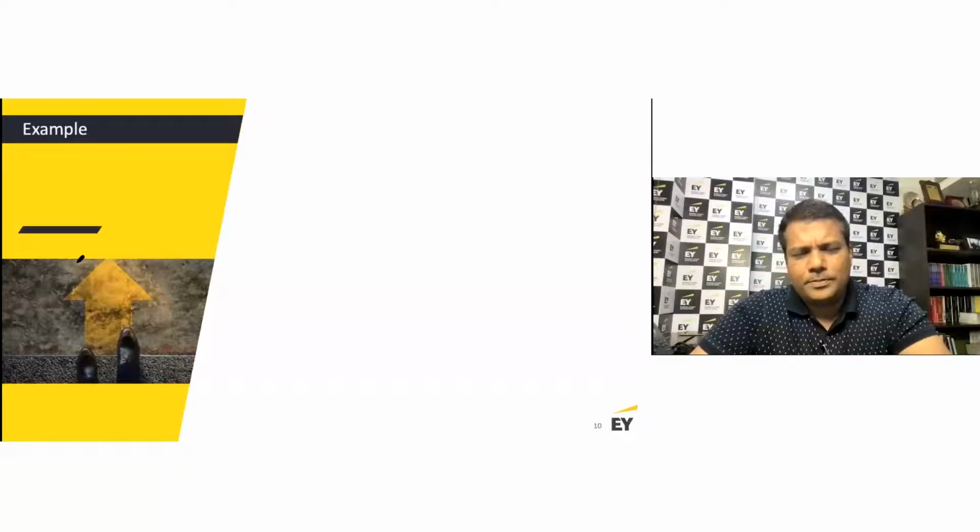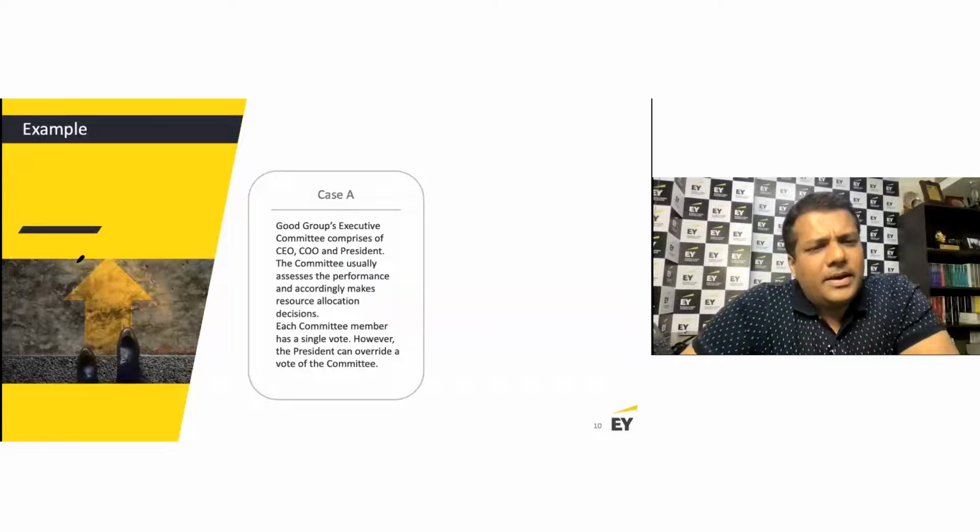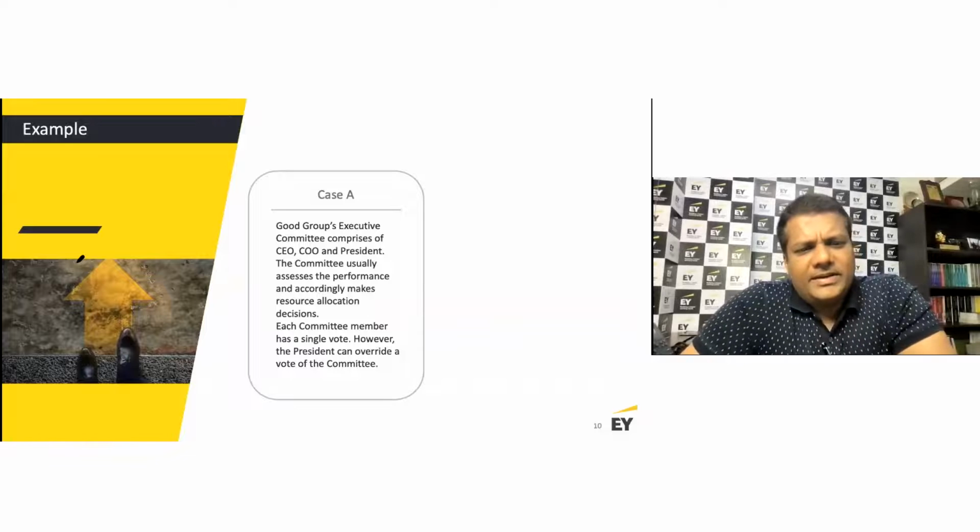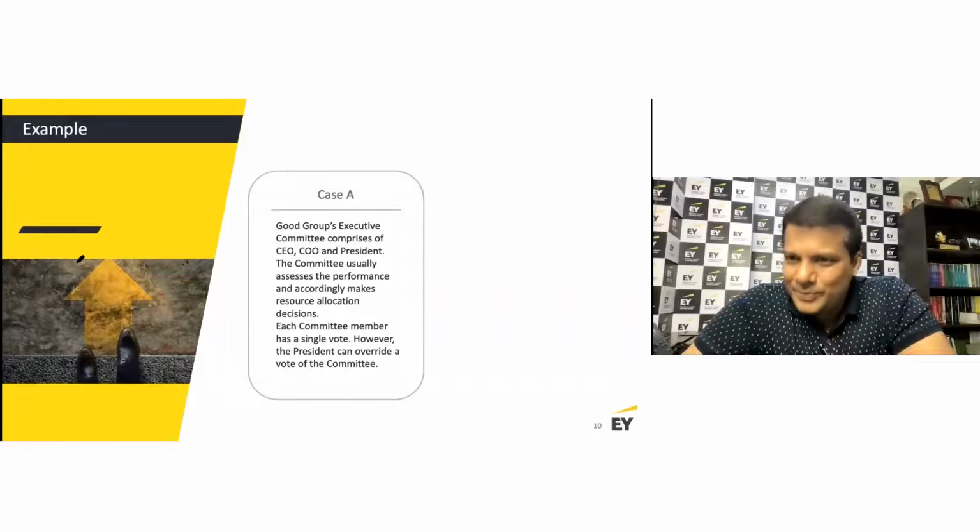Let's take a few examples. Good Group's executive committee comprises the CEO, COO, and president. The committee usually assesses the performance and accordingly makes resource allocation decisions.